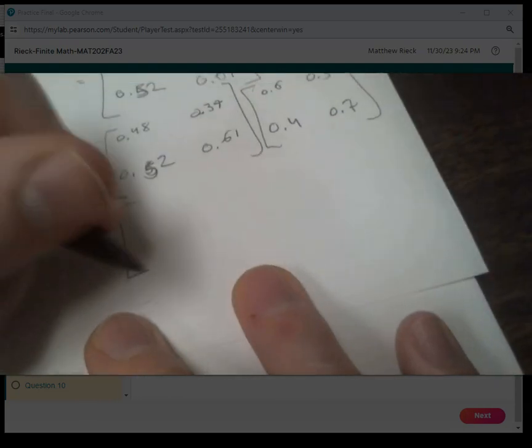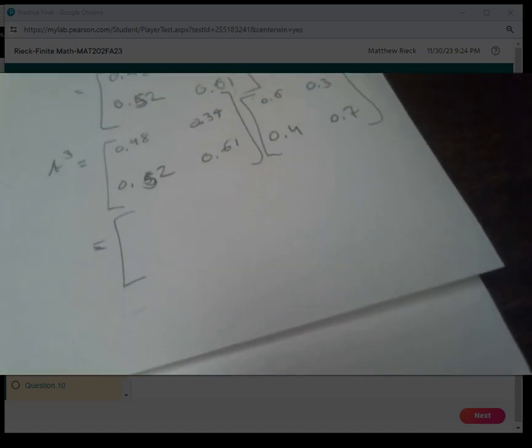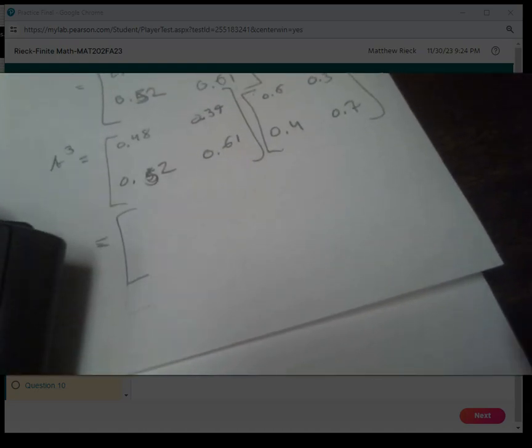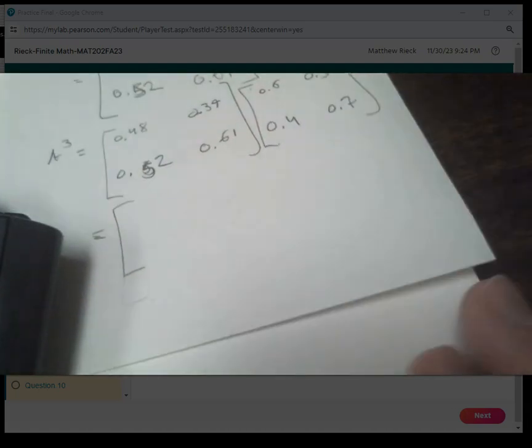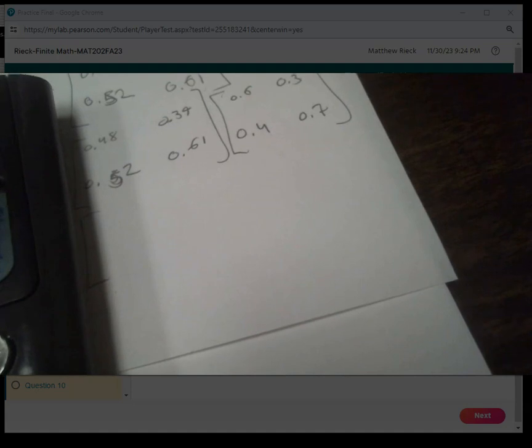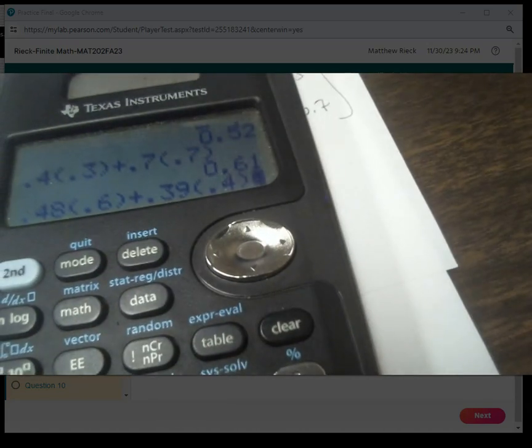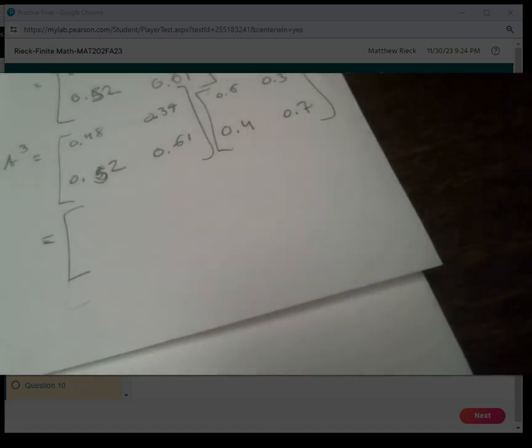For the first row, first column, we march across the first row, down the first column. So we have 0.48 times 0.6 plus 0.39 times 0.4, so we have 0.444.